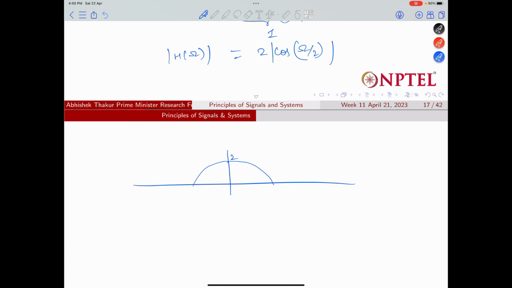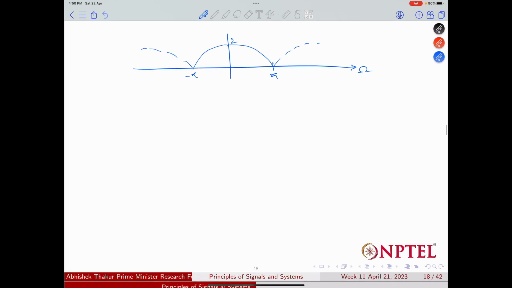At omega equal to pi and minus pi, cos omega by 2 will be 0, and this same curve will repeat. So the maximum of H of omega is at H of 0, which is 2 into cos 0, that is equal to 2, and the 3 dB point is where H omega is equal to 1 by root 2 times the maximum.